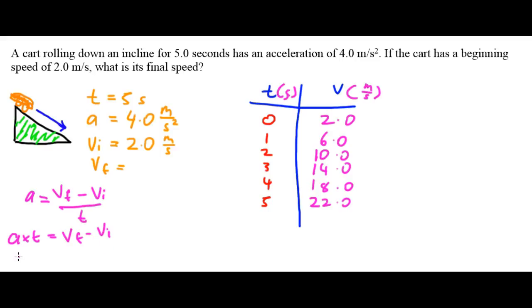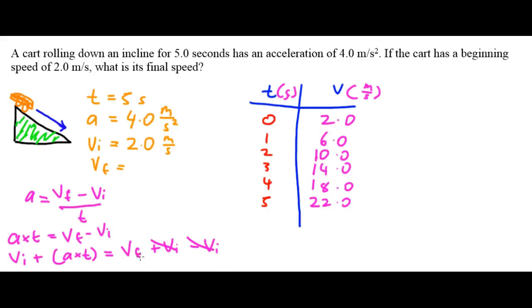That would mean this would become initial velocity plus acceleration multiplied by time. And if I add initial velocity to a negative initial velocity, so if this were Vf minus Vi plus Vi, then these two would actually just cancel out.